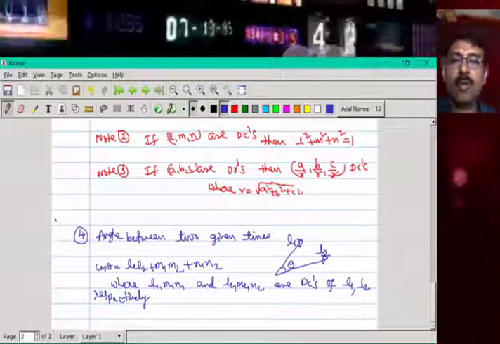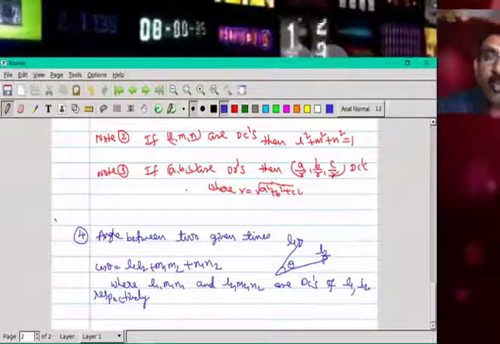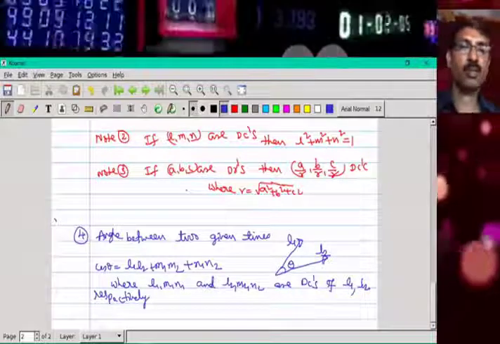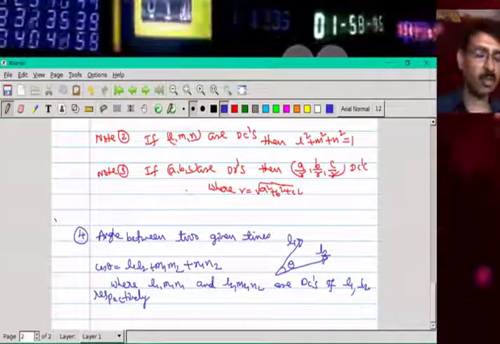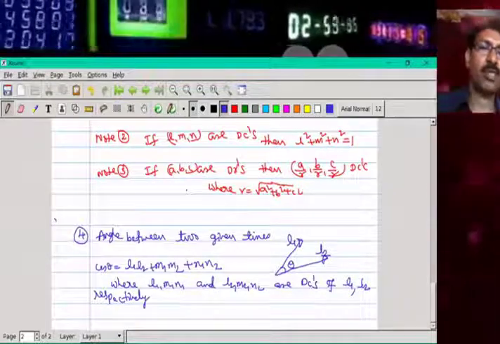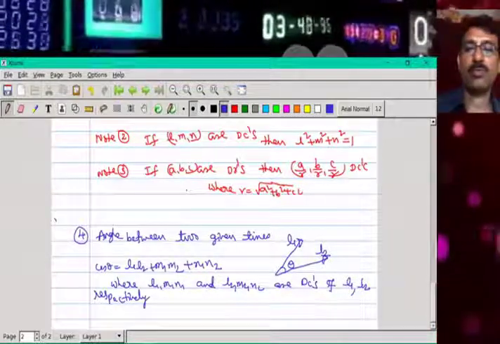So this formula, cos theta equal to L1 L2 plus M1 M2 plus N1 N2, is used when the DCs of the two lines are known.